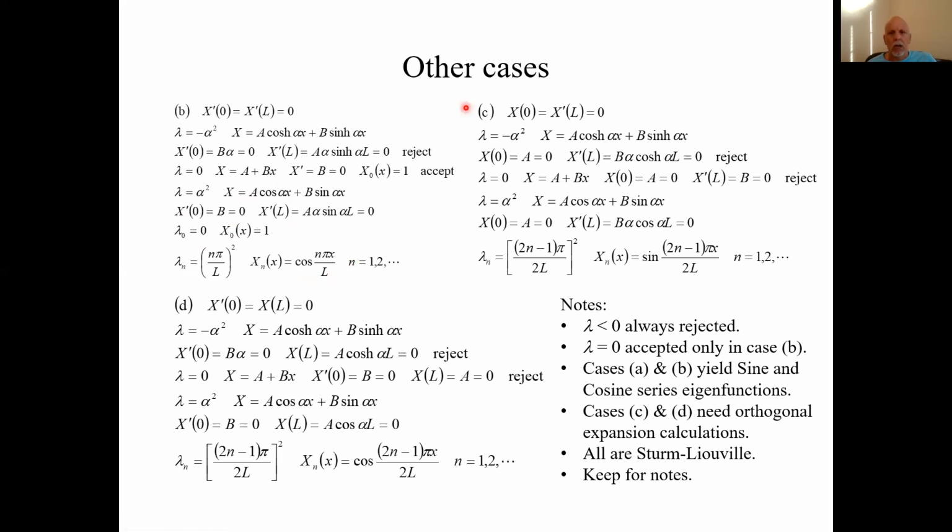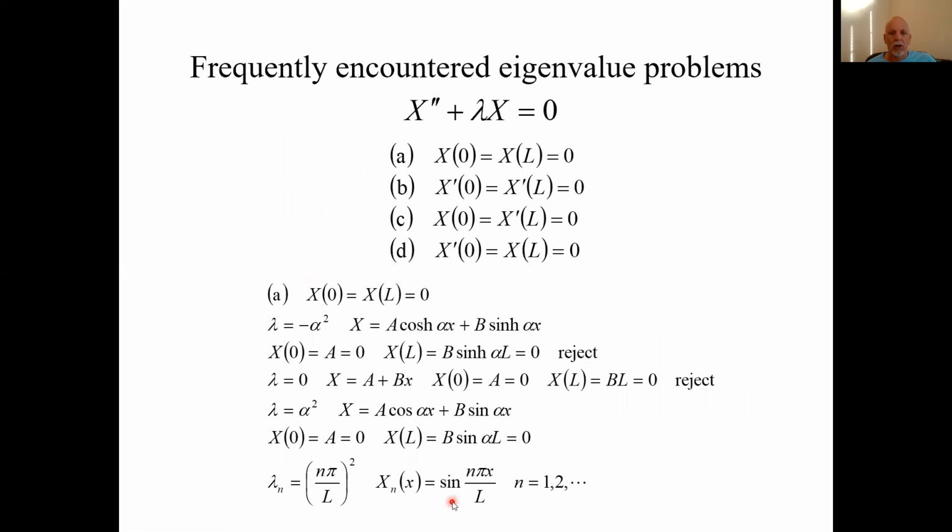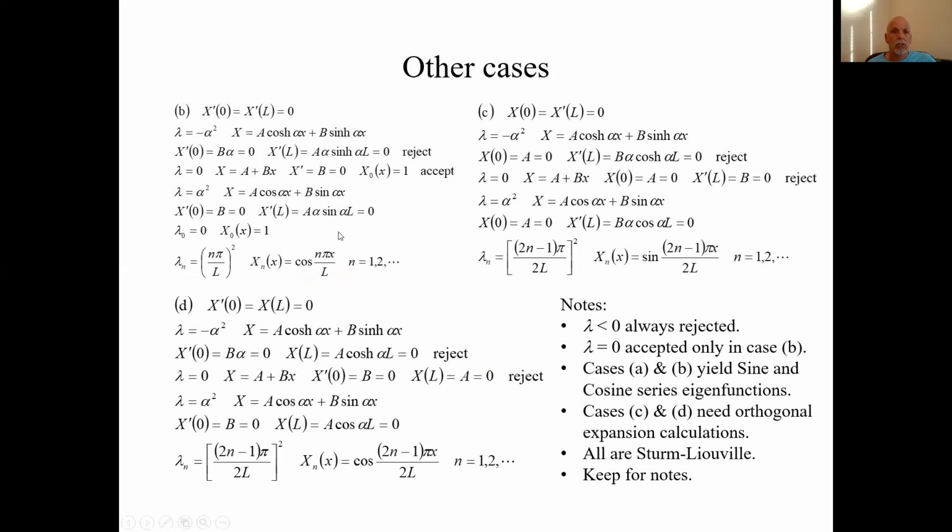Cases C and D, I'm just going to leave here. You ought to go through them once. And by the way, in case A, we can expand a function using these eigenvalues. It will be the Fourier sine series. When it's these eigenfunctions, we can expand it using the Fourier cosine series. These last 2 cases, you get things that almost look like Fourier sine or cosine series, but not quite.